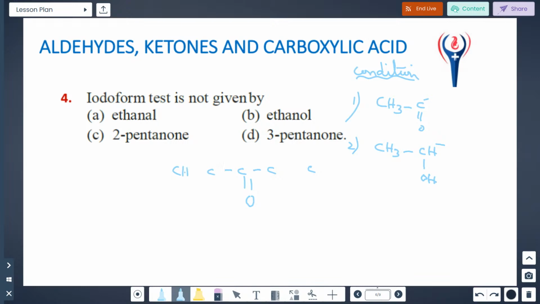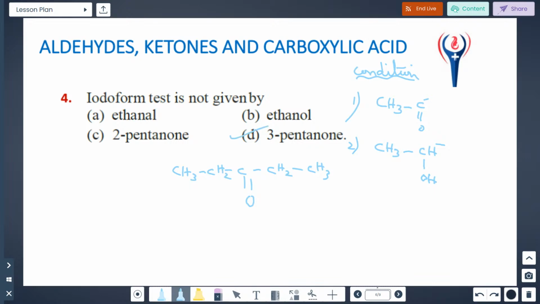CH3, CH2, then here also CH2, here also CH3. This is called 3 pentanone. But actually what is the condition? The compound should have methyl ketone. But this is what? Ethyl ketone. So actually only methyl ketone can undergo the iodoform test. See, this is called ethyl ketone, no? So the answer is what?